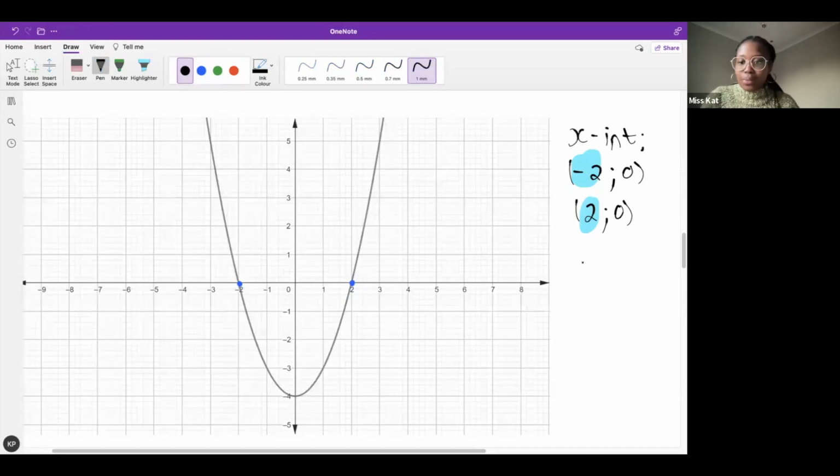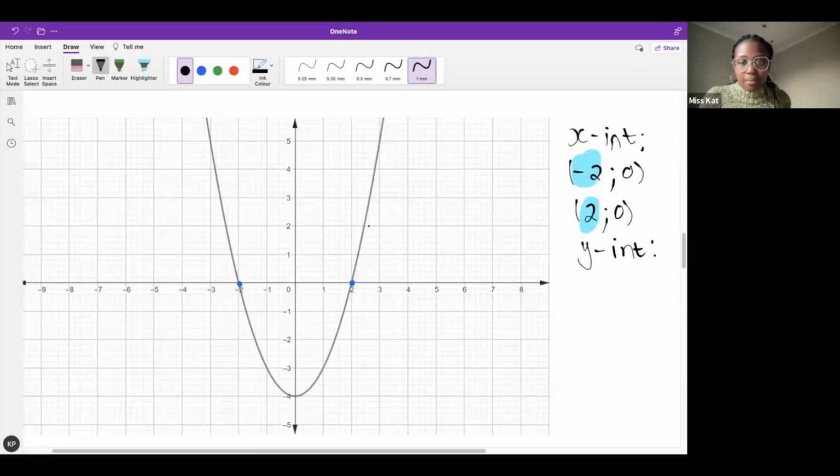Now it seems like we're getting it and I love it. What's my y-intercept? Anyone? We have our two x-intercepts done and dusted. What is my y-intercept? There we go, Zianda.